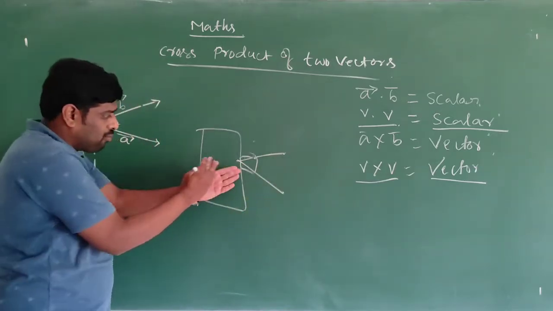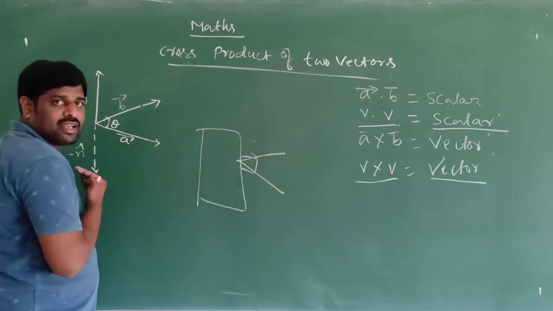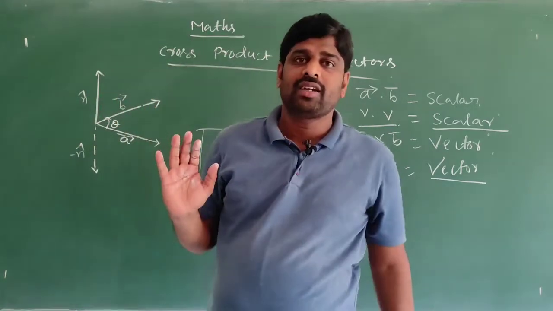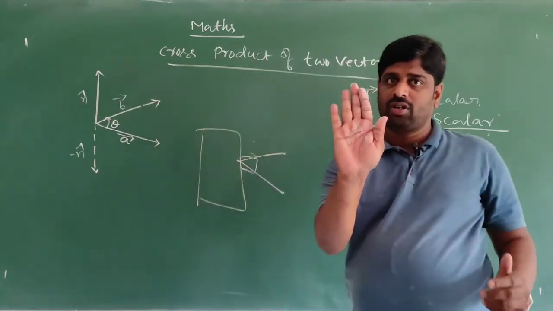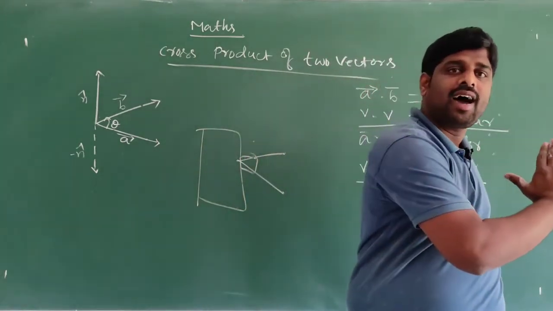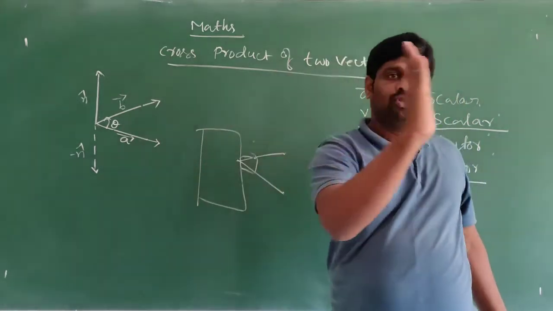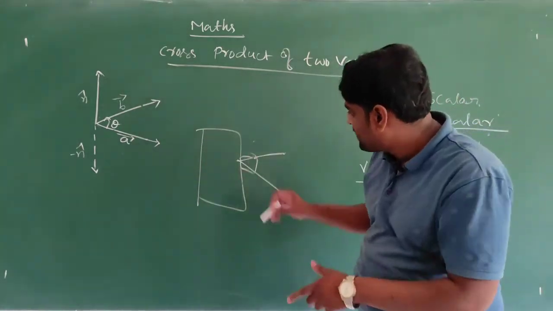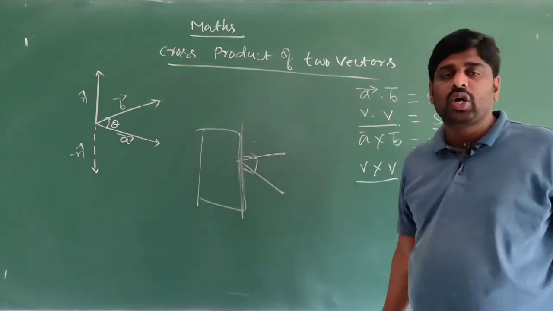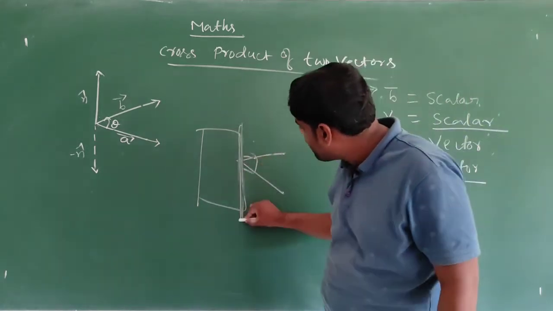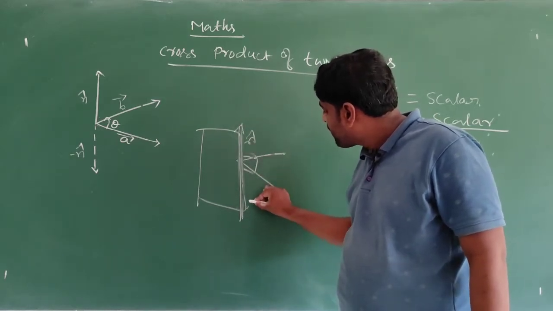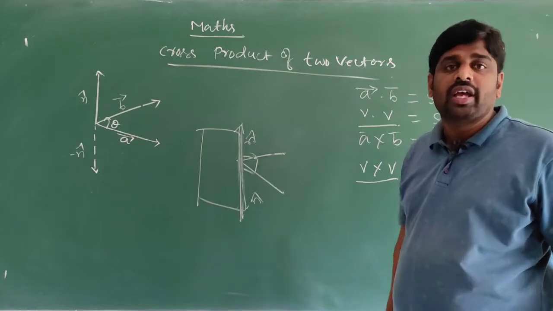The motion happening is rotation. The door is moving in rotation, this side or this side. While moving in rotation, this is called the normal unit vector. This normal unit vector, this is positive n cap, and this is minus n cap, the negative n cap.